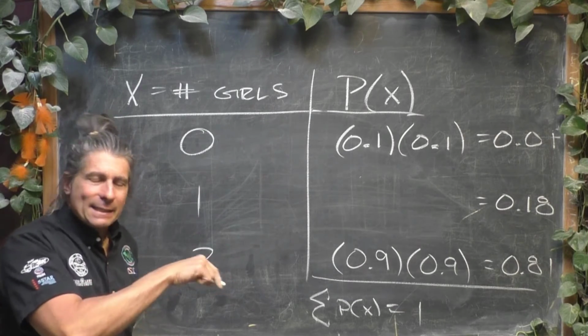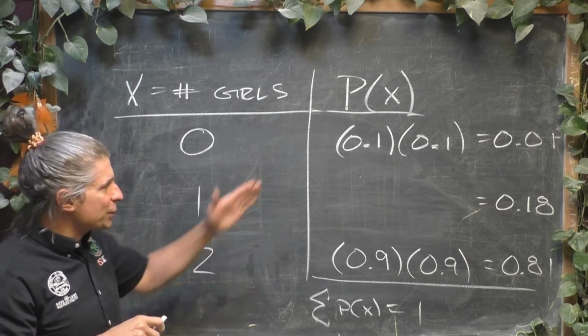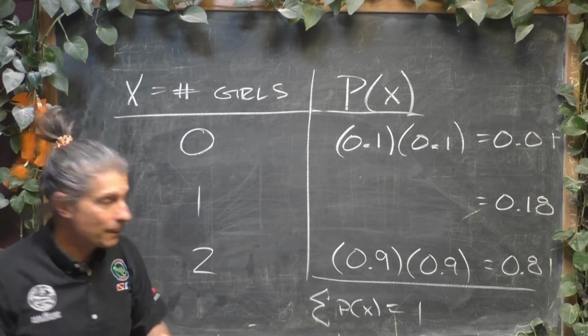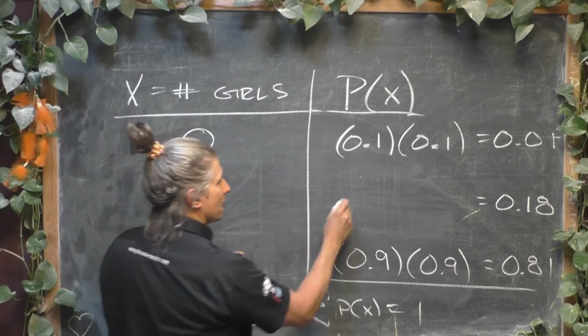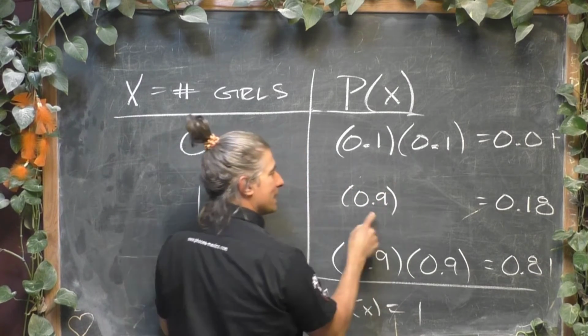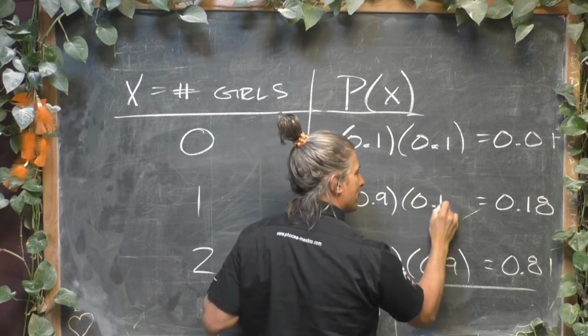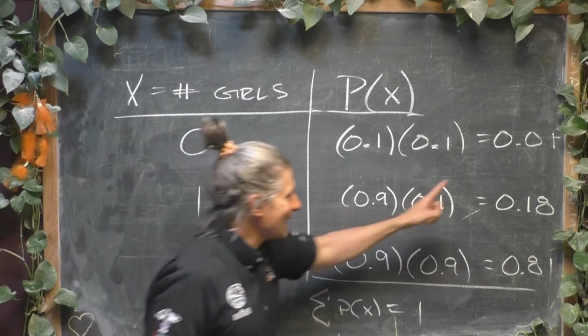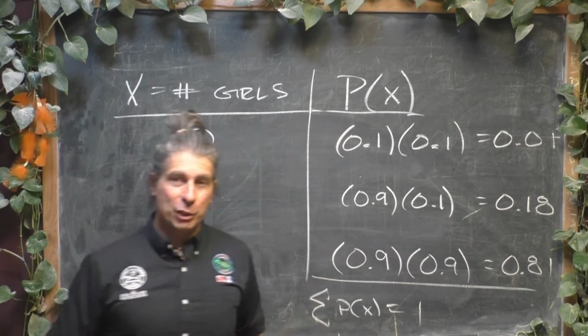But the catch is, if we try to apply the multiplication property to this, we don't get 18%. Because, okay, let's just say we get a girl and then a boy. Well, a girl is 90% and a boy is 10%. 0.9 times 0.1 is 0.09. That's half of what it should be.